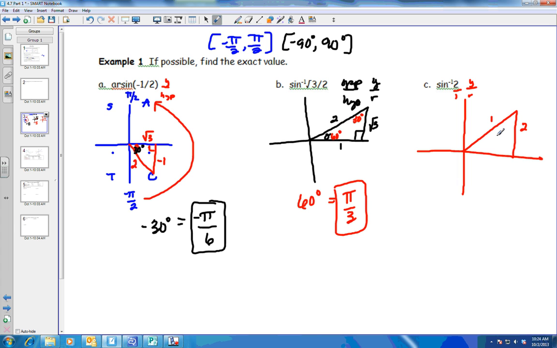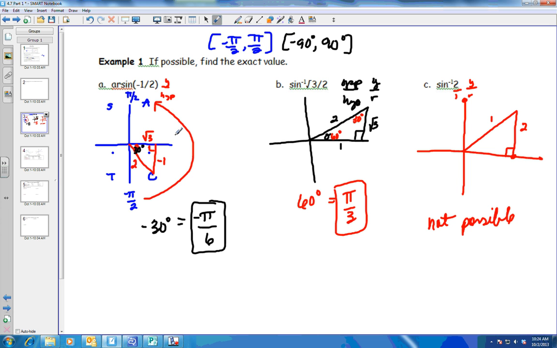Now, that's a problem, because can my hypotenuse ever be smaller than one of my legs in my right triangle? And it can't be. So I know that this is not possible, or does not exist. Now, if it were a point on my unit circle, that would be different, okay? But this can never happen, and I'll show you a point on your unit circle here in a minute.